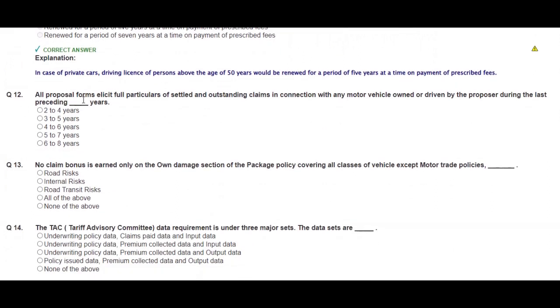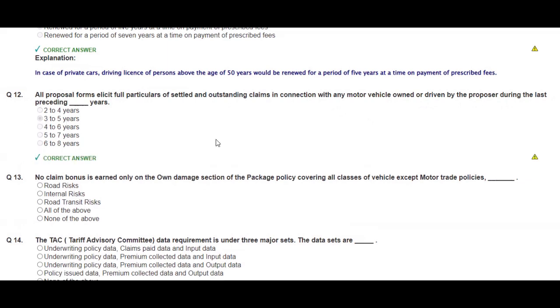A proposal form eliciting full particulars of settled and outstanding claims in connection with any motor vehicle owned or driven by the proposer during the last preceding years. It is 3 to 5 years.